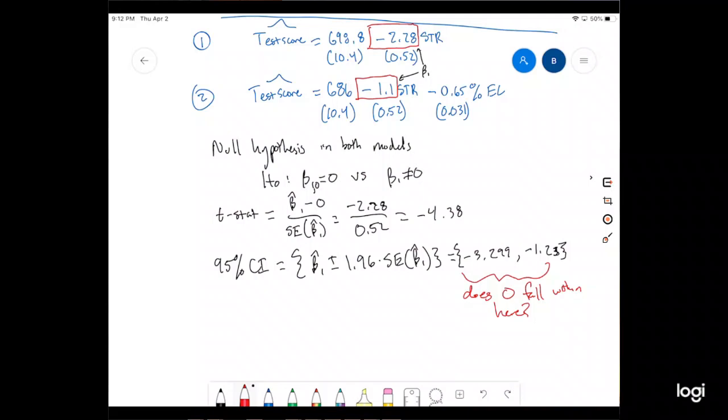So let's do the same thing for the multiple regression. We're going to test the null hypothesis that beta 1 is equal to 0 in equation 2. Let's do that in green. So let's say this is model 1. Now let's do model 2 in green.